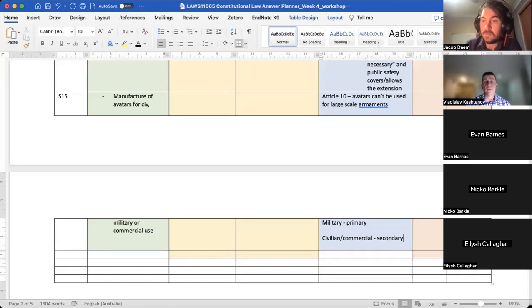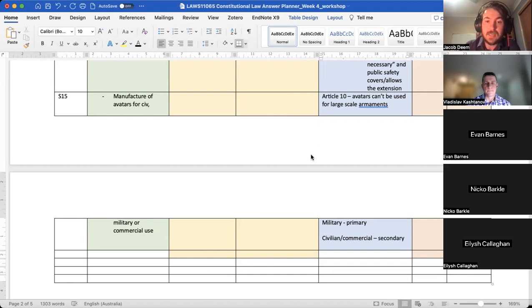Are we analyzing now the defense power in peacetime? Yep. So let's talk about peacetime first, and then let's think about whether the answer would change if it was in war.